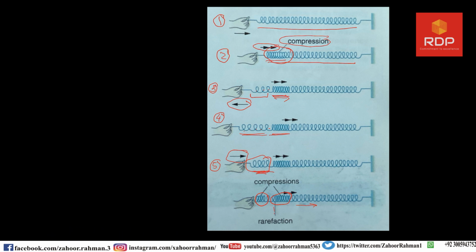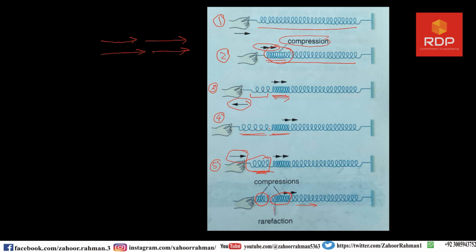That is to say, for longitudinal waves, the displacement of the particle is in line with, or parallel to, the direction of travel of wave motion, and that is what the definition was. If the compression or rarefaction is moving in this direction, the medium particle will also vibrate in this direction.